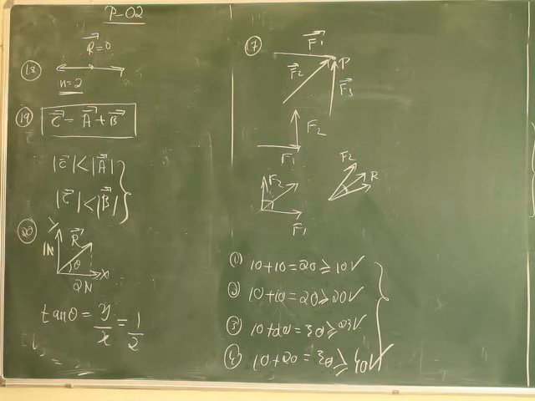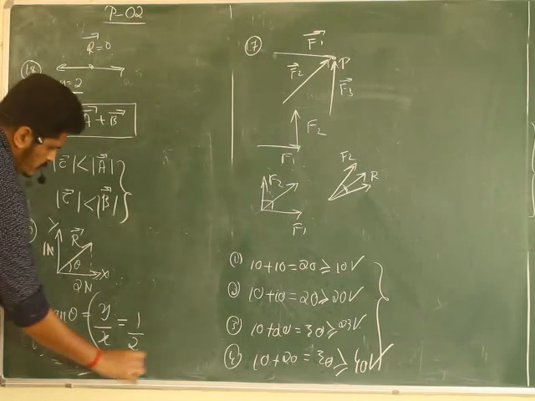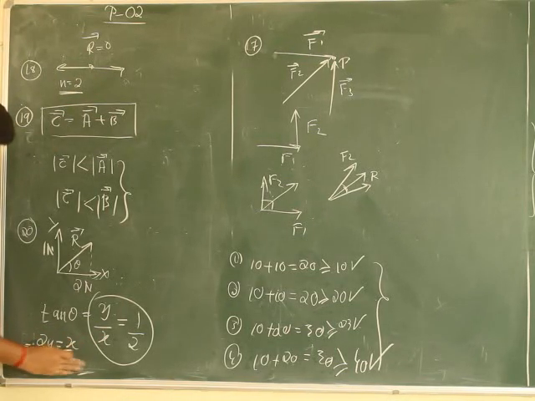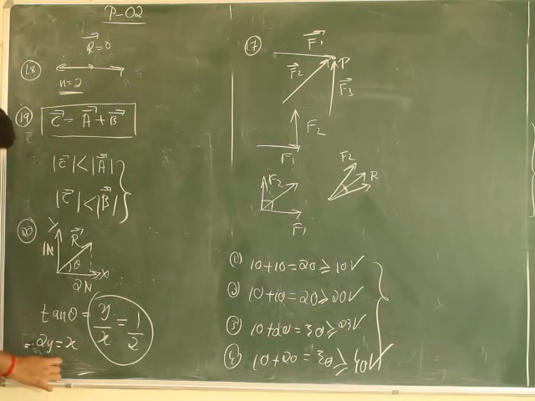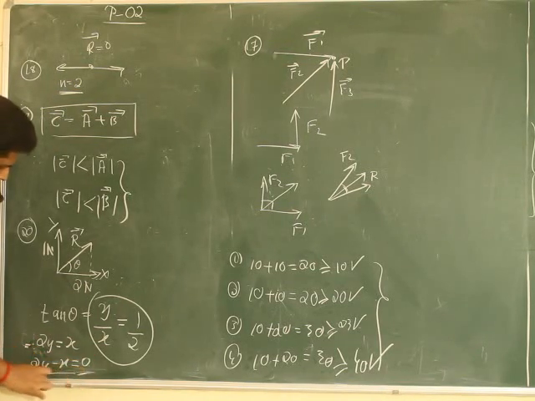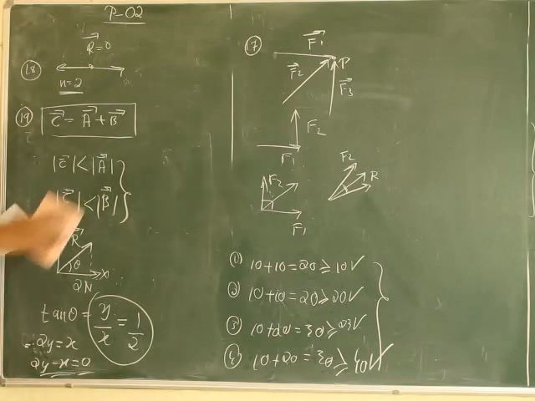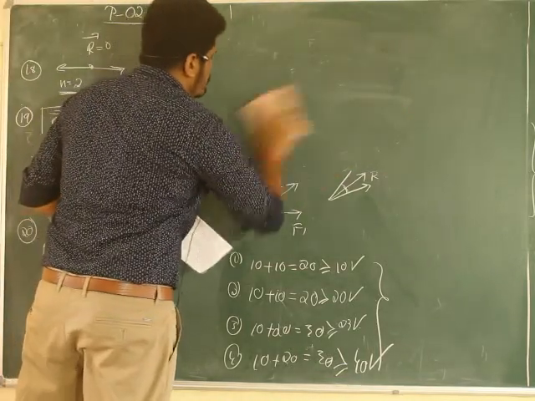So by looking at this, what can I write? 2y equal to x, or 2y minus x equal to 0. Let us check whether it is present in the given options. Yes, it is there, 2y minus x equal to 0. So the option is B.